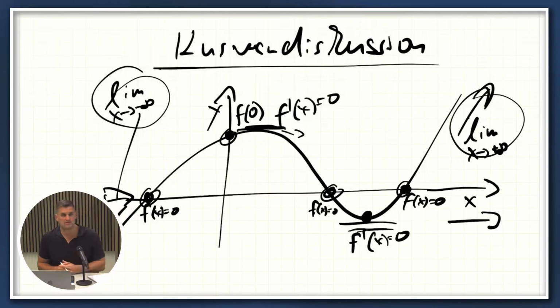Then there's the further analysis. Is it a maximum or a minimum point? There are also special points, such as the saddle point. I'll do that up here. That means we have a slope of 0 here, but then it continues to go upwards. That's the so-called saddle point. That means here the slope is positive before and positive after, while at a maximum point the slope is positive before and negative after.